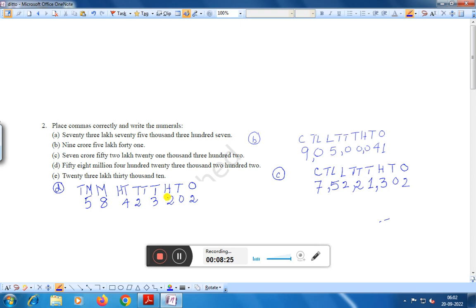That means you have to put the commas here. The ones, 10, 100, you put 1 comma. Then after 3 digits you have to put another comma, right? That means it is 58 million 423,202, right? Now we will do question number E.